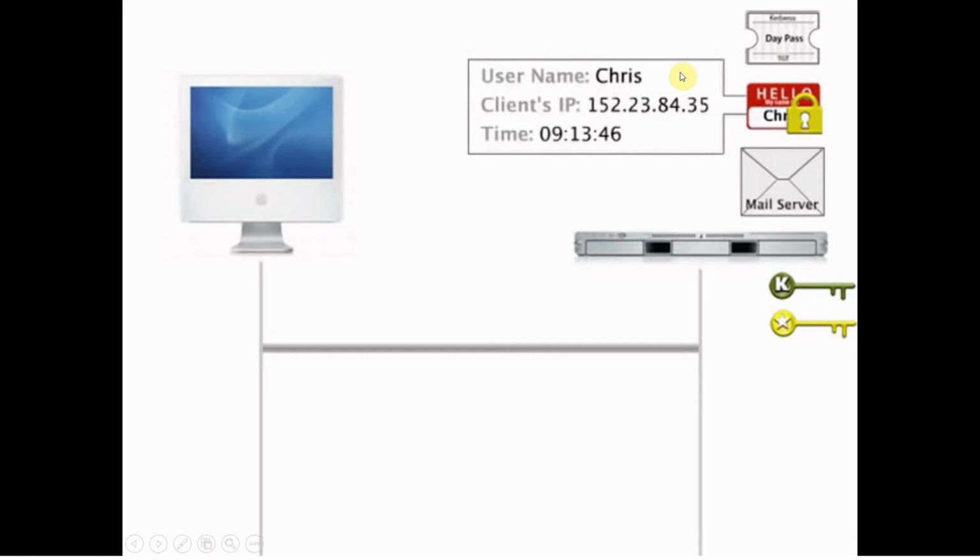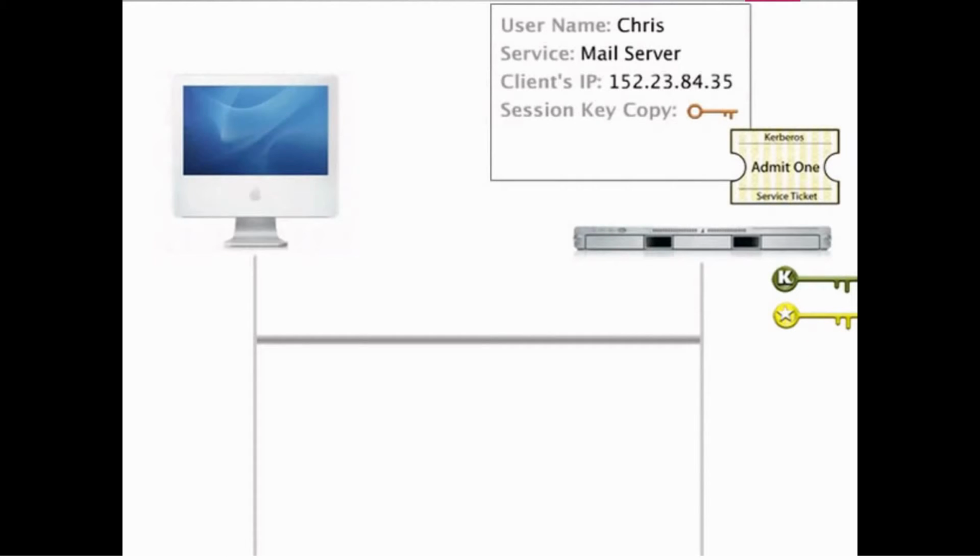If there is a match, then the KDC creates a service ticket. The service ticket is unique for the particular service and for only that particular client for a particular period of time.